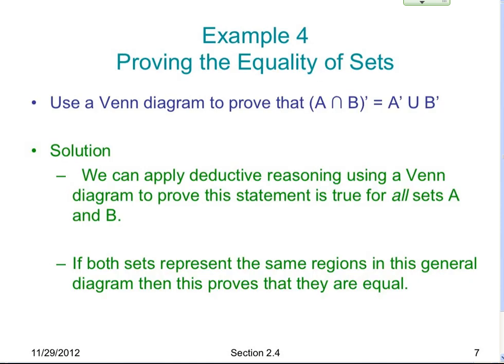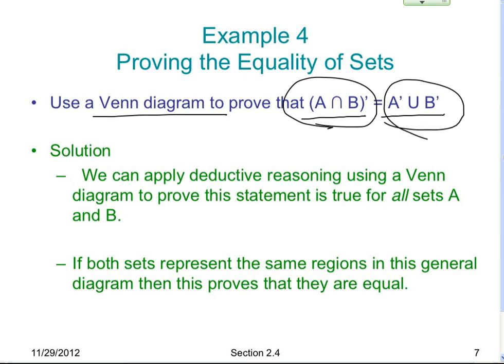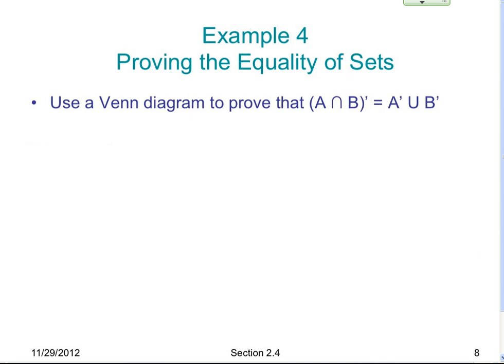Use a Venn diagram to prove that (A intersect B) complement is the same as A complement union B complement. So what we're going to do is draw a Venn diagram for this one, draw a Venn diagram for this one, and show that they're the same thing. So we need a Venn diagram for (A intersect B) complement.